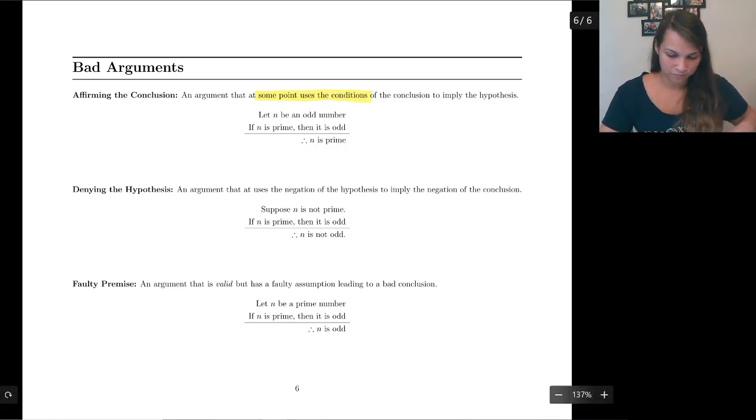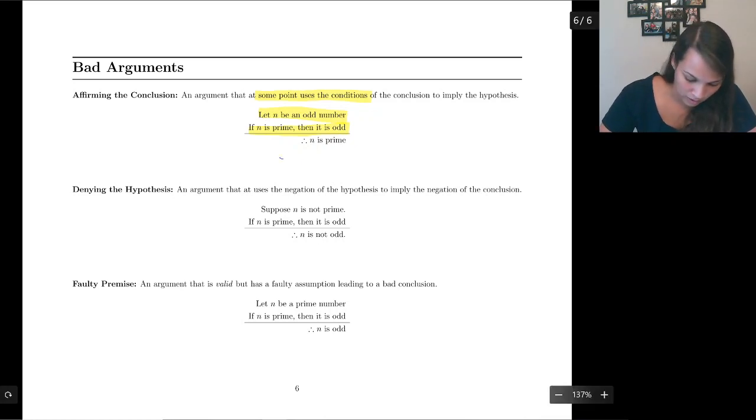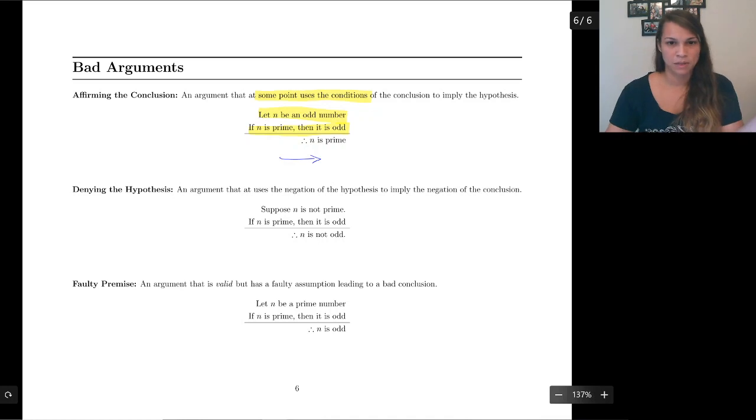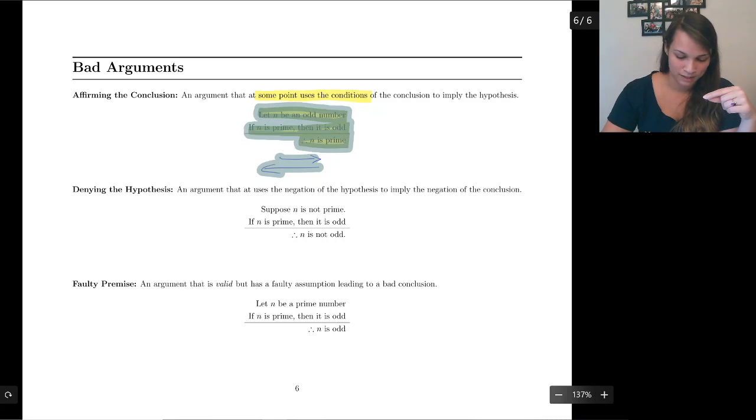For instance, we've got n is an odd number, and we know that if n is prime, then it is odd. Notice the arrow would point this direction. Prime implies odd. But then you turn around and say, oh, so if it's odd, that implies prime. It's like, no, that's going the wrong direction. You can't do that.